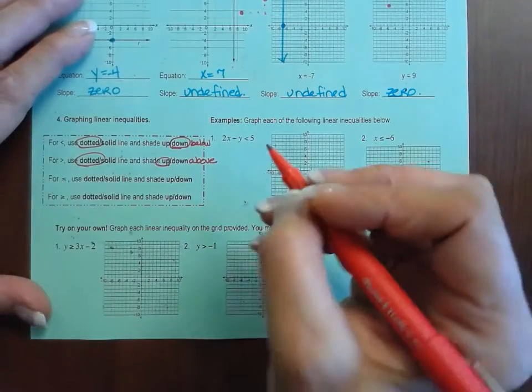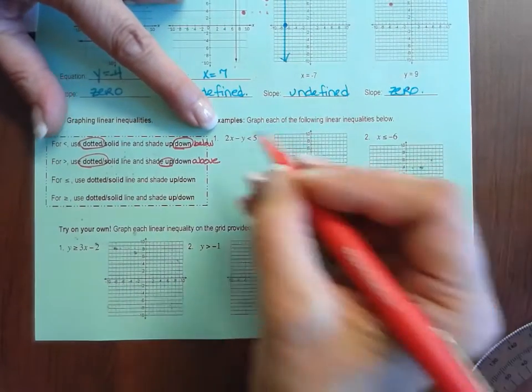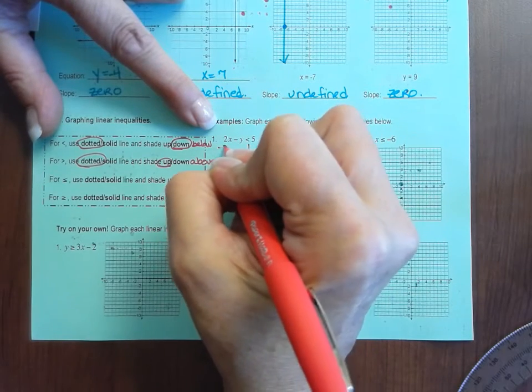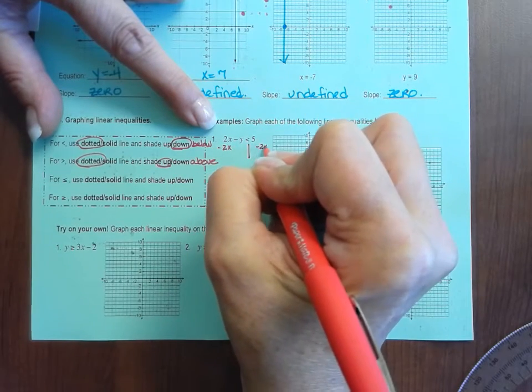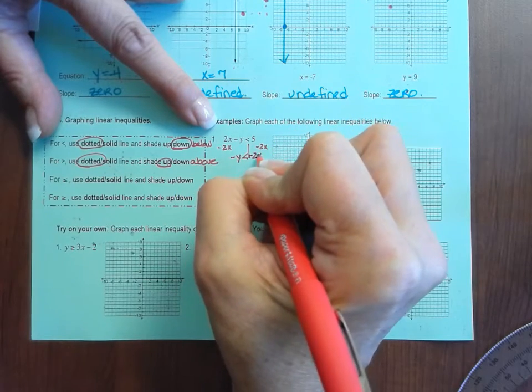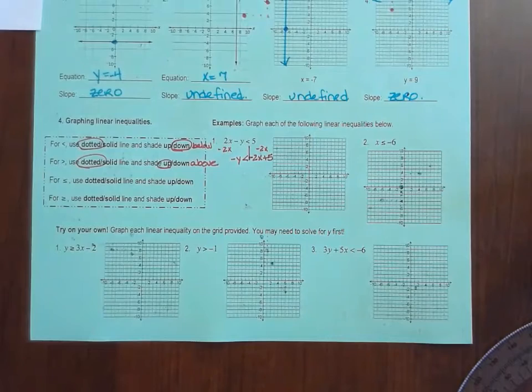All right, so I need to put in slope-intercept form. So I'm going to subtract 2x, and I'm left with negative y is less than negative 2x plus 5. Am I in slope-intercept form yet? No, why? Because I can't have a negative y. So how do I get rid of a negative y?